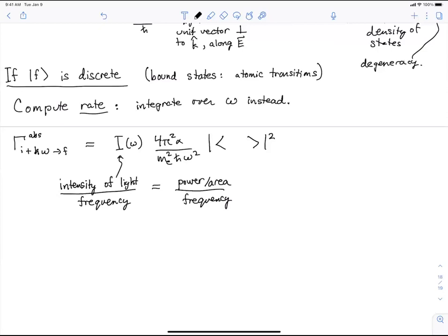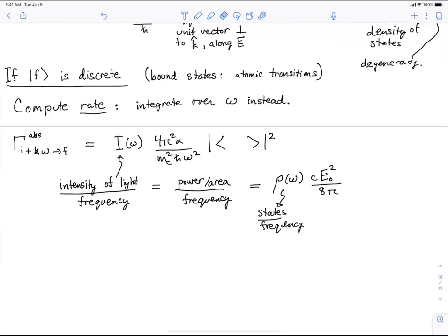Okay, so this is just telling you how much light do you have in each little bit of frequency that you integrated over. And to relate it to Fermi's golden rule, this is equal to the density of states times a factor that's telling you how much energy each state has, or how much power each state has. Okay, so rho of omega, the density of states, that's how many states you have with a given frequency.